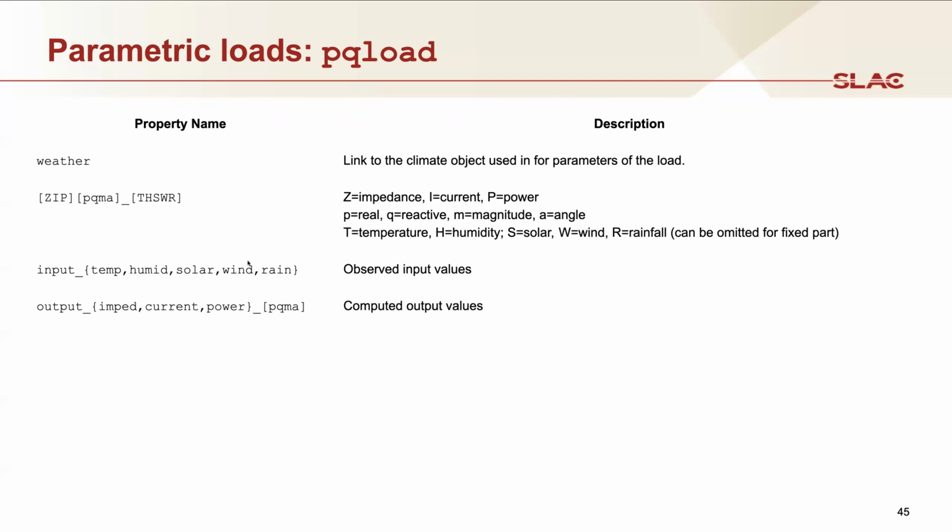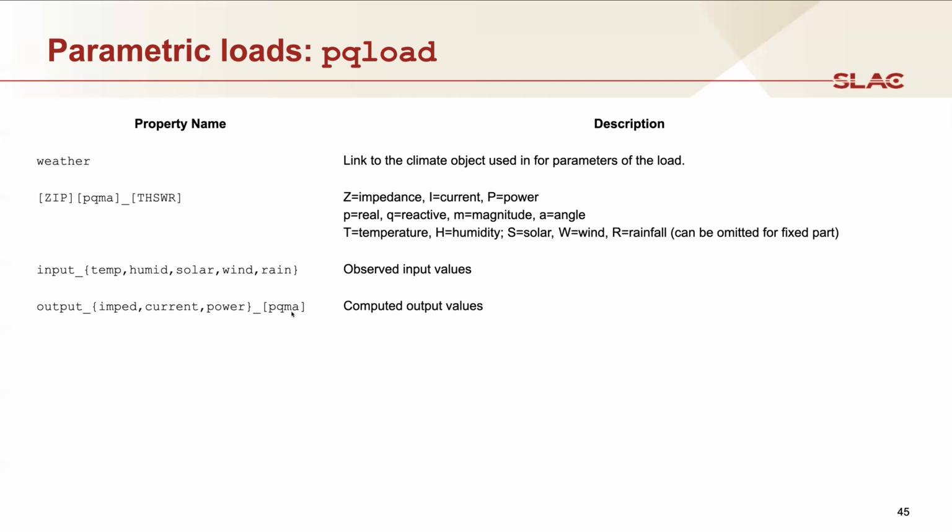So they're grouped. It's a little misleading when you look at the way this is documented, but they actually correspond differently. And then, of course, you can specify all of the input values: the input temperature, humidity, rain, wind, and solar. And then, of course, all the output values, the output impedance, current, and power. Again, real and reactive impedance and power, and then magnitude and angle current.